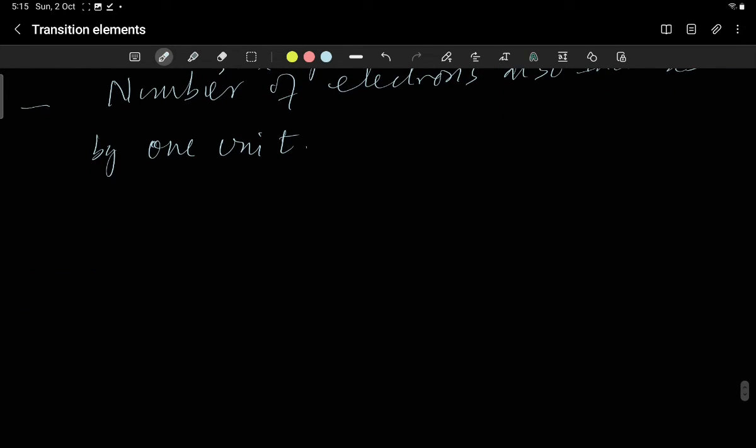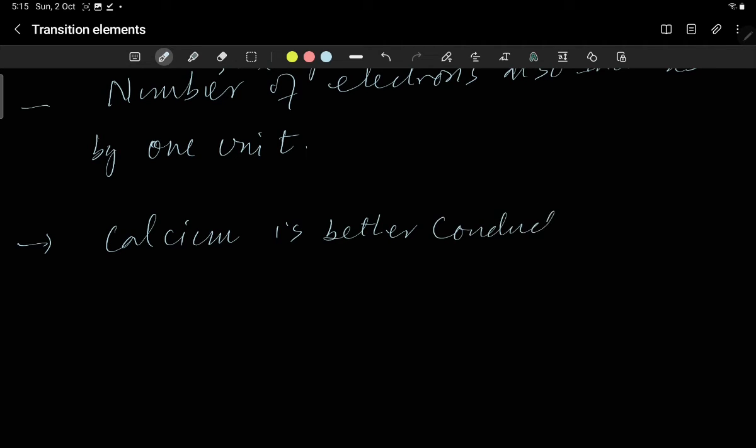So another also important feature is that calcium, a group 2 element, is a better conductor than the transition elements.